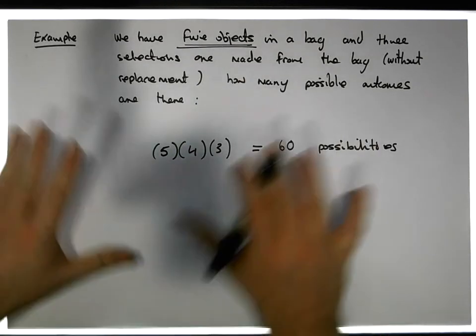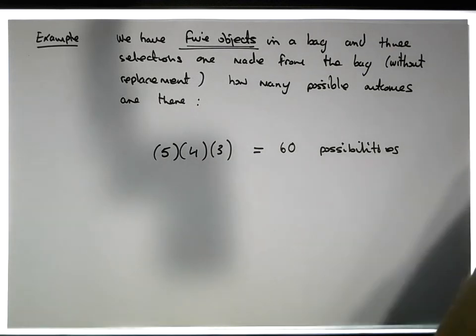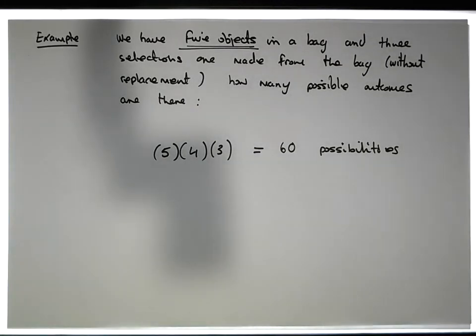That's just an application of rule number 2. What we really need to move on to now is rule number 3, which is really where this concept of factorial notation comes into play.